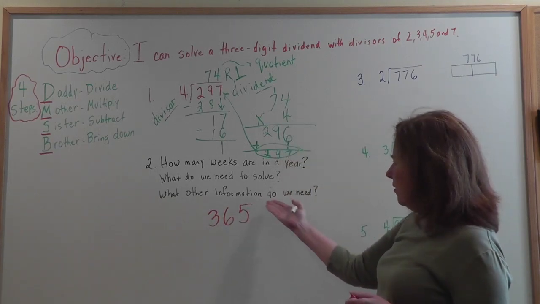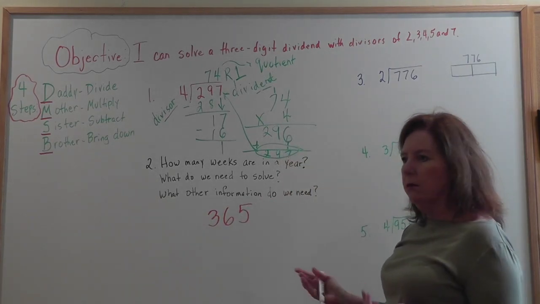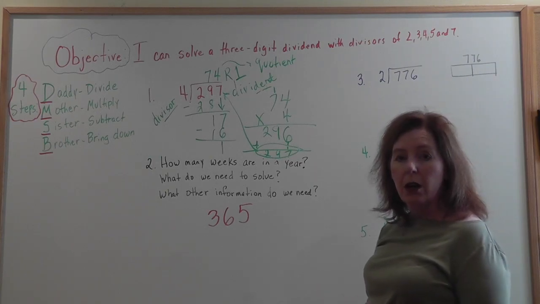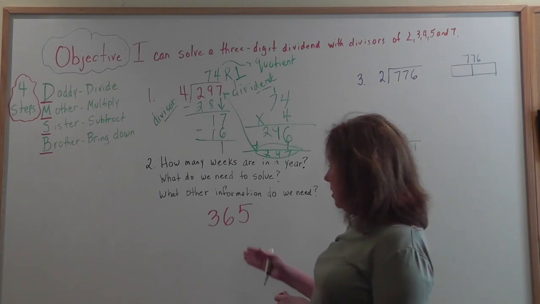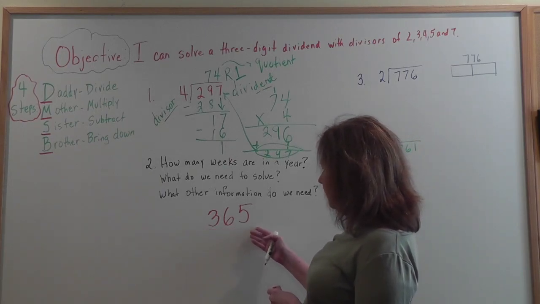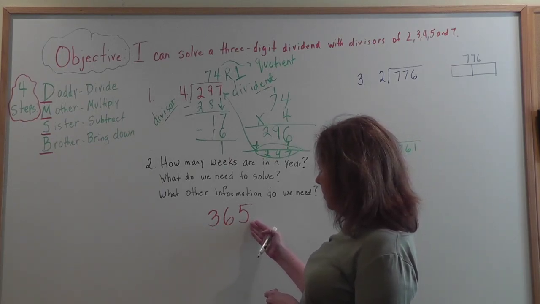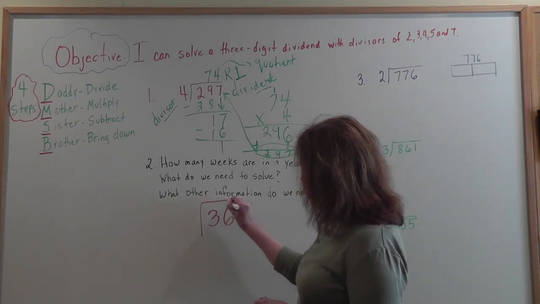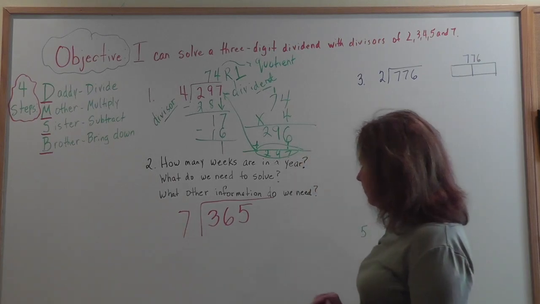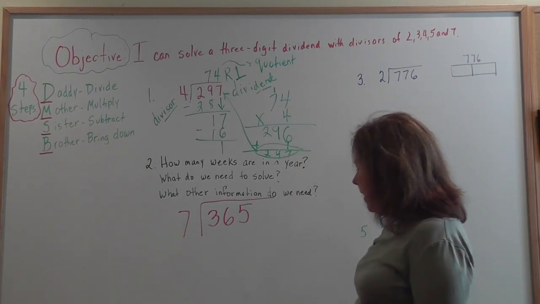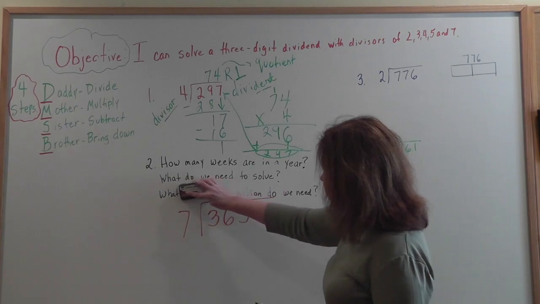Okay? What other information do we need? Well, we need to know how many days are in a week. And there's 7 days in a week. So I'm going to take my 365 days in a year, and I'm going to divide it by 7 days in a week.